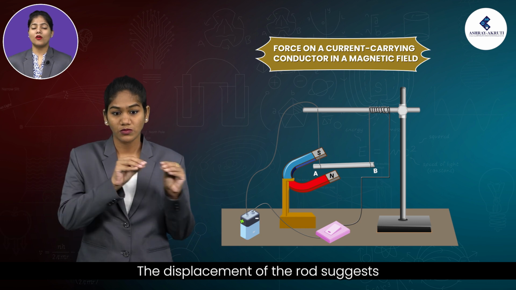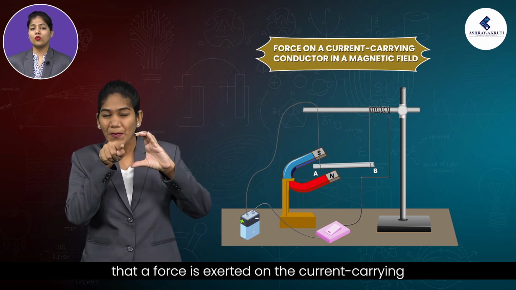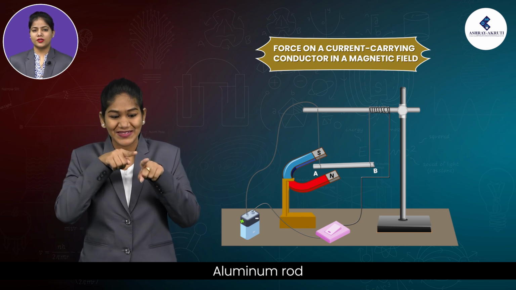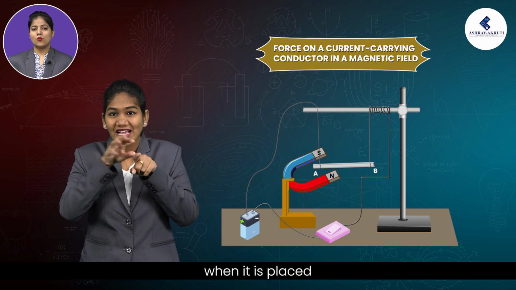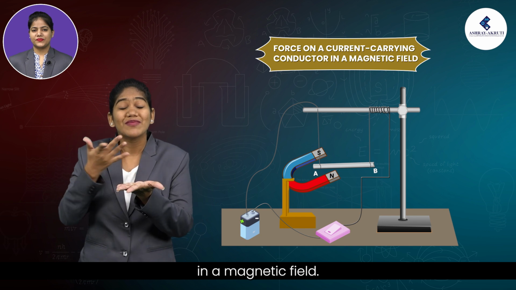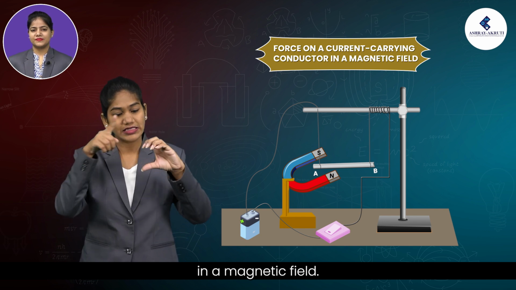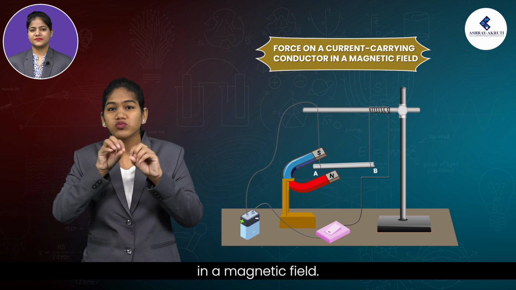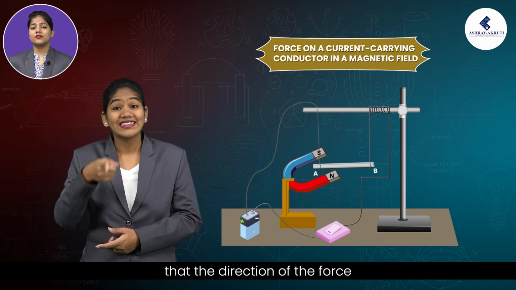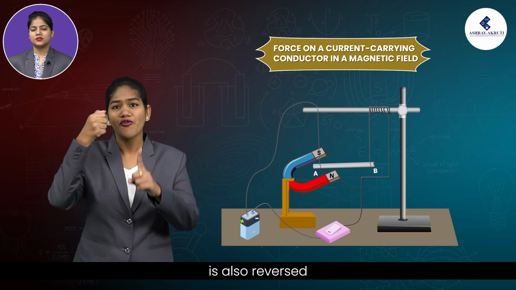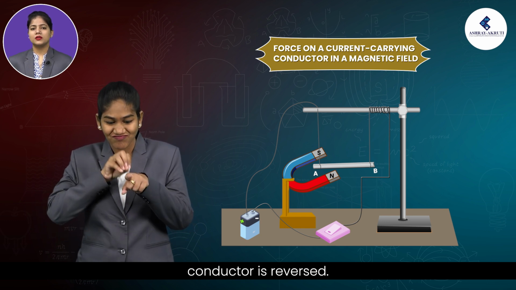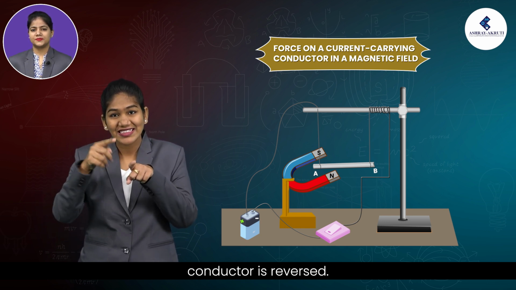The displacement of the rod suggests that a force is exerted on the current carrying aluminium rod when it is placed in a magnetic field. It also suggests that the direction of the force is also reversed when the direction of the current passing through the conductor is reversed.